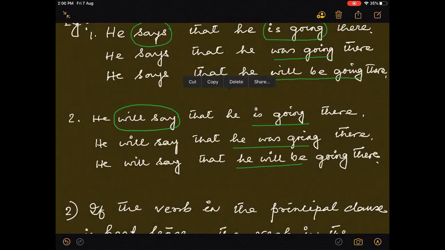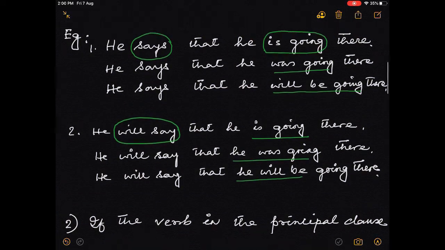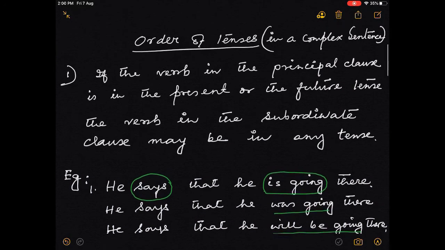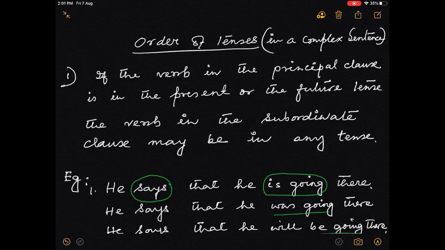So, what is the first rule? The first rule is saying if the verb in the principal clause is in the present or the future tense, the verb in the subordinate clause may be in any tense.